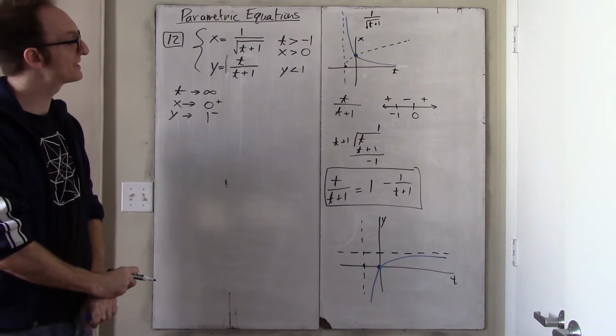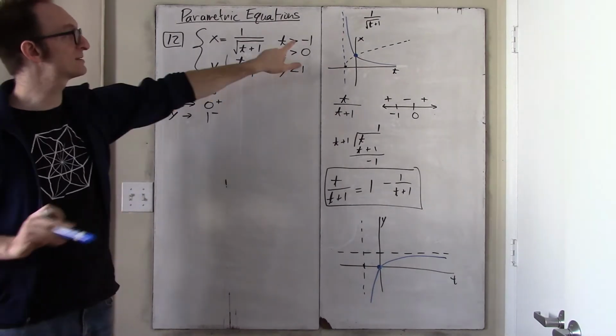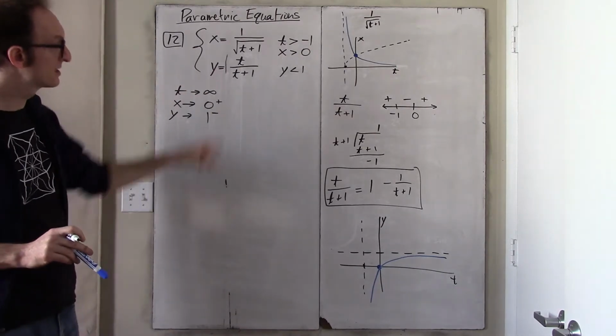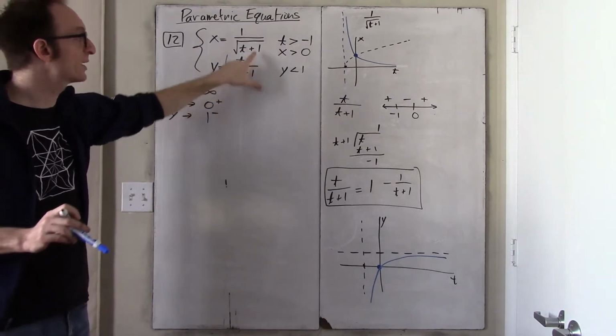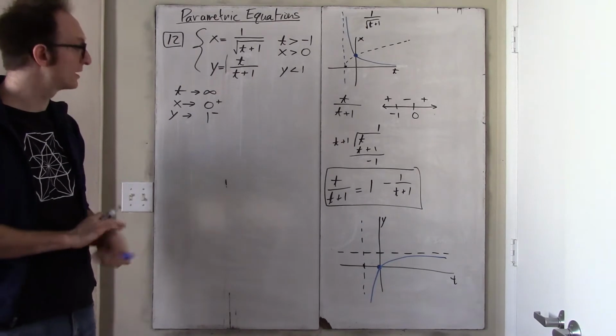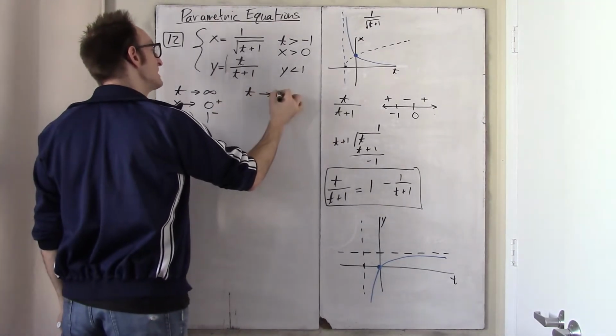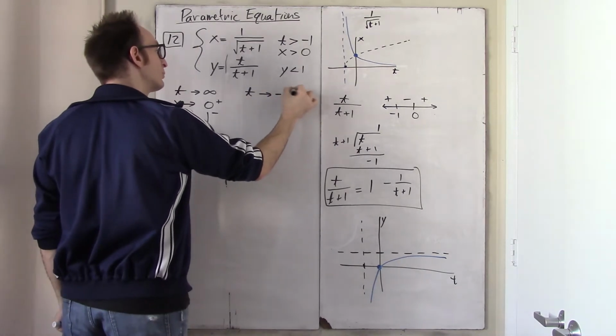Okay, I'm not going to look at negative end behavior because in fact t can't be less than -1, but I should observe in both of my equations things get crazy near -1. So I should investigate what happens as t approaches -1 from the right.